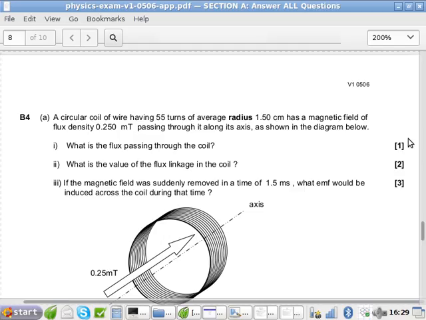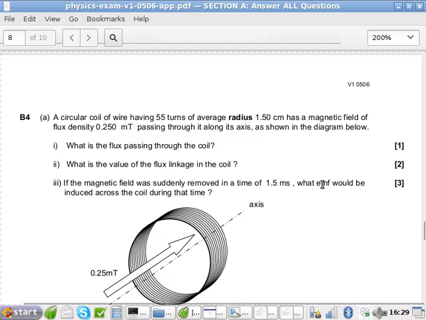Let's say them first. What's the first formula you might need? Flux, BA. NBA for the total flux linkage. And then they ask you at the end, what's the voltage? So what formula is that? The change in the flux linkage over the time. You only require the N if you've not used the N in the calculation of the flux already. Any other formulas you need?